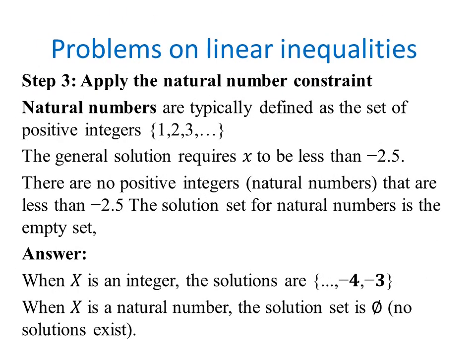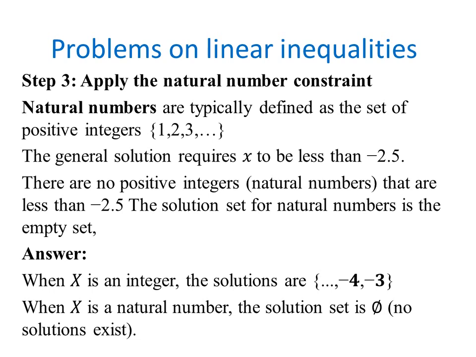After this, we apply the natural number constraint. Natural numbers are typically defined as the set of positive integers 1, 2, 3. The general solution requires x to be less than minus 2.5. There are no positive integers that are less than minus 2.5.